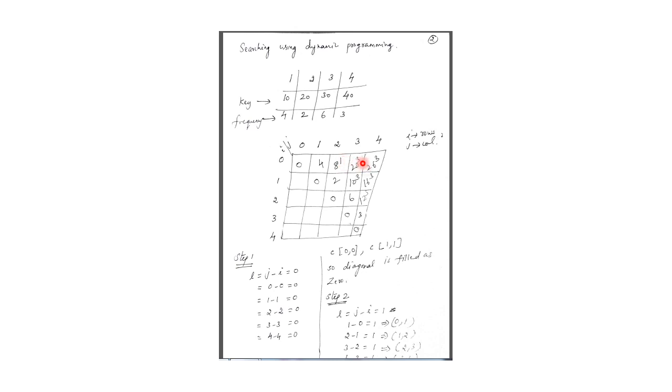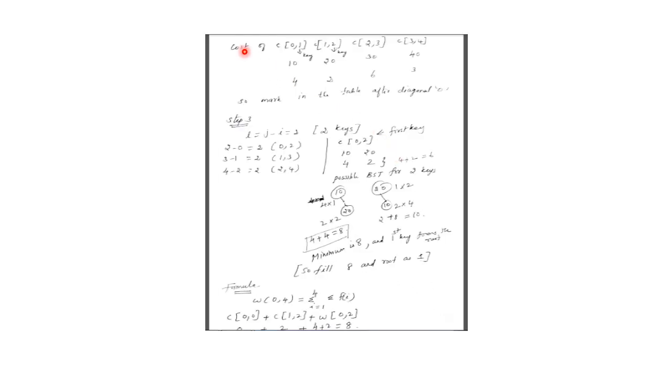Here the superscript 1 represents the root. Here this 1 represents the root. Here 20 with superscript 3 represents the root. The root of the cost of 0 comma 1, C of 1 comma 2, C of 2 comma 3 and C of 3 comma 4. Here 1, 2, 3, 4 is considered as the key.